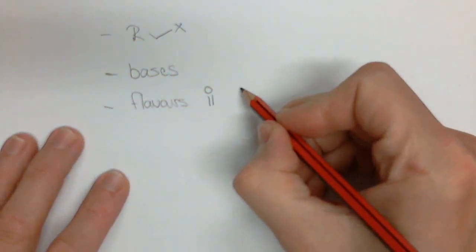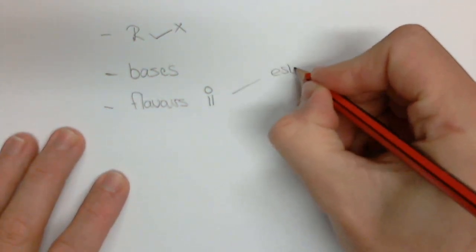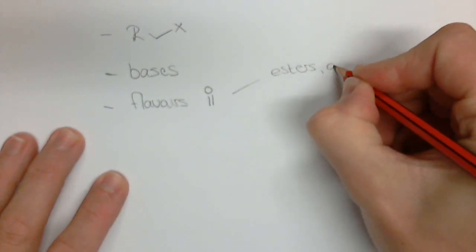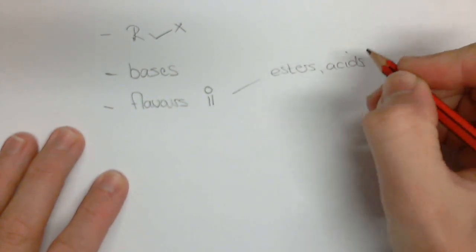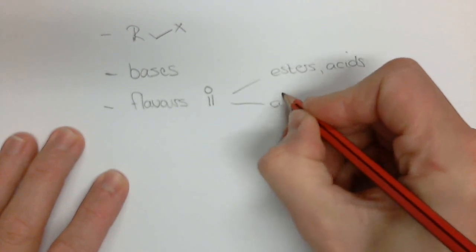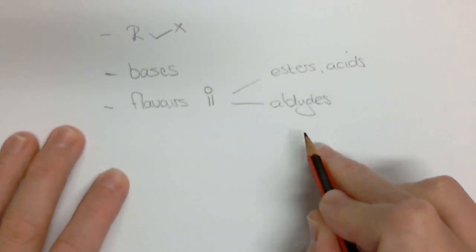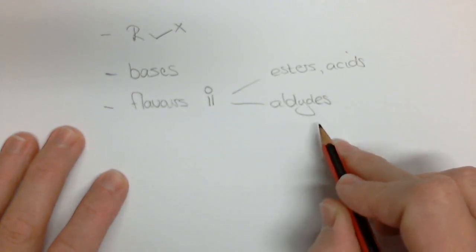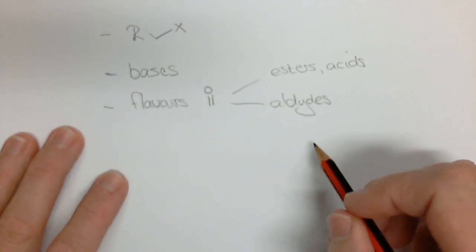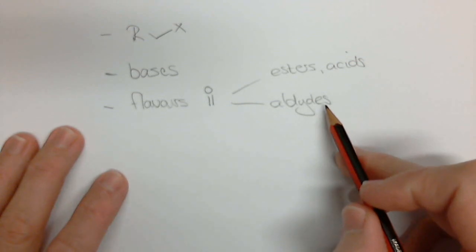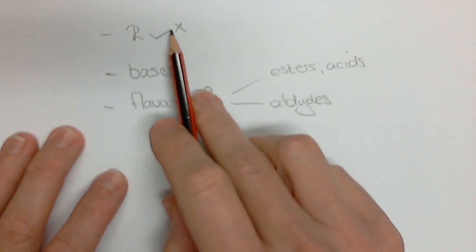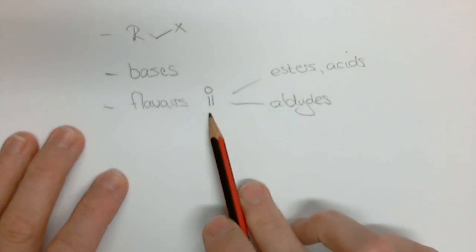Of that we covered the esters and the carboxylic acids, and then we also had a look at aldehydes. Now the aldehydes were the first functional group that came up with a bit of a problem, in the sense that aldehydes themselves are also very good electrophiles. We're going to come back to that now.